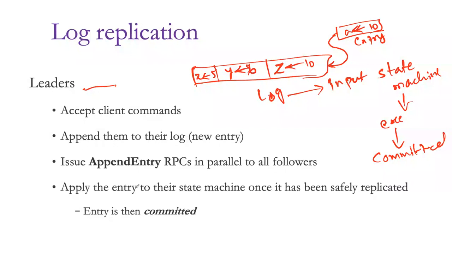The leader issues the append entries RPC in parallel to its followers, and they apply the entry to their state machines. Once it has been safely replicated on the majority of servers, it is executed by the state machine. Once executed, it is committed, and the leader replies to the client who issued this entry that the entry was successfully added to the log.